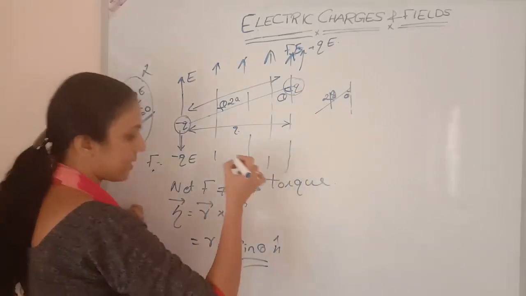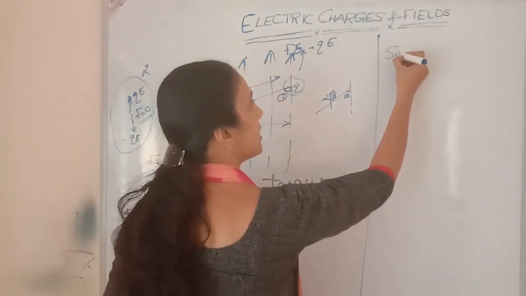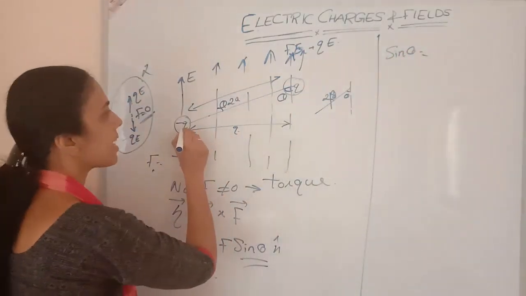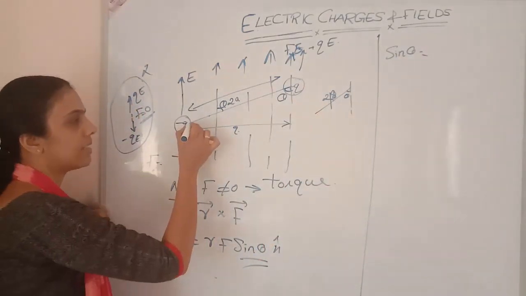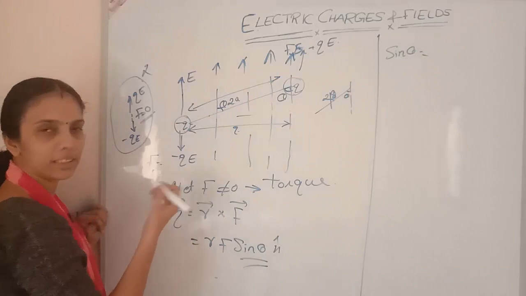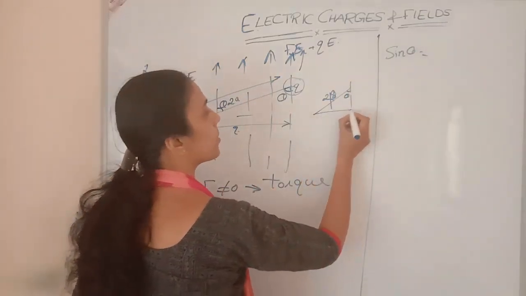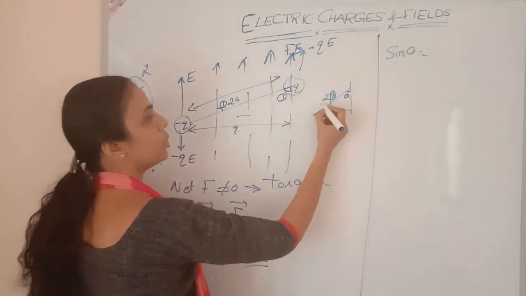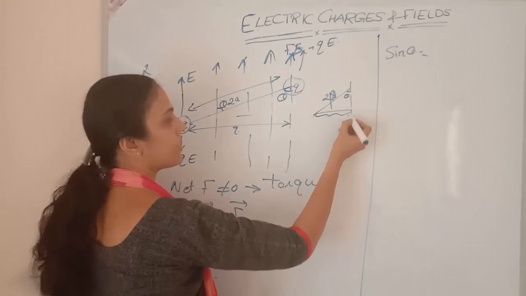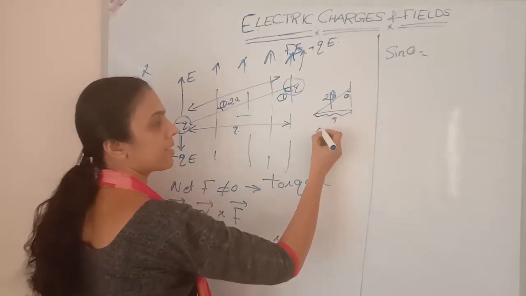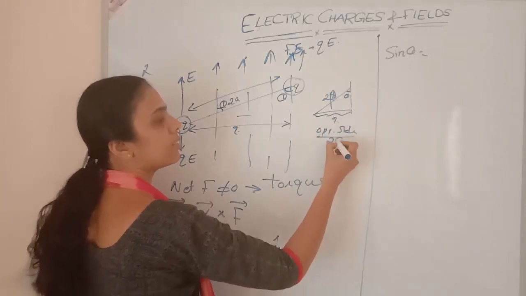Then what will be sine theta? I can consider this as a triangle. Here this is 2a, the hypotenuse, and sine theta is the opposite side, this perpendicular distance, divided by the hypotenuse, that is 2a.